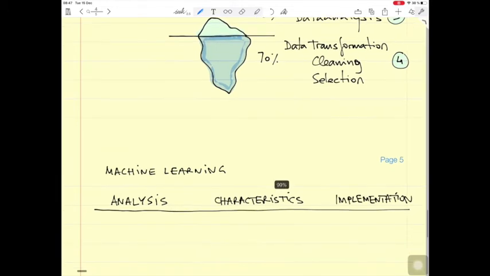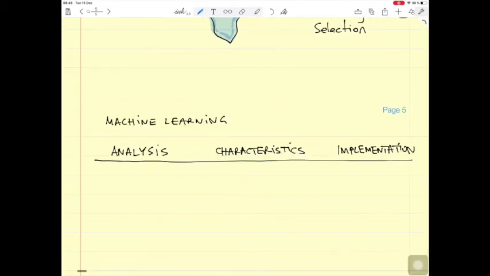Okay. There are supervised analysis by experts.